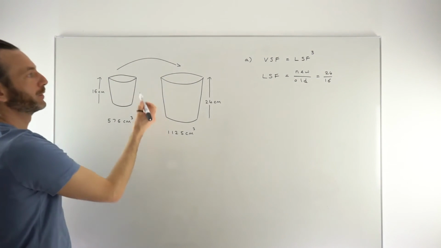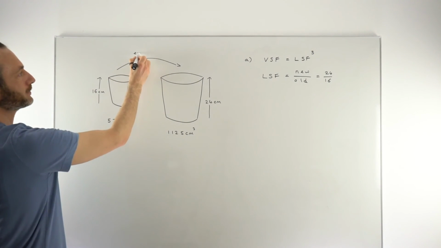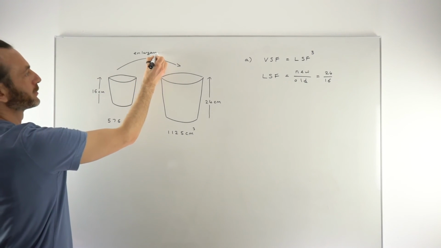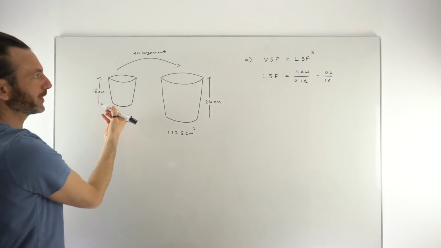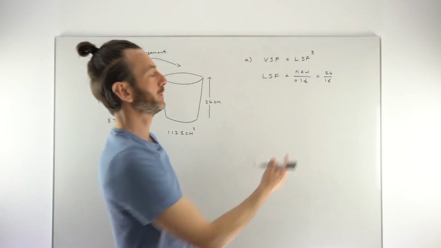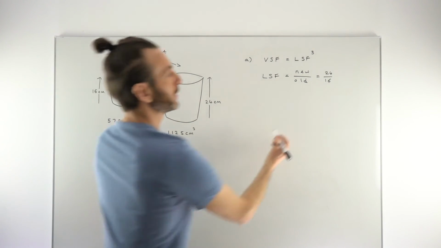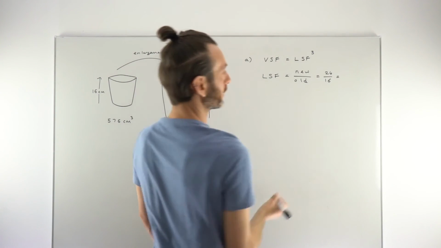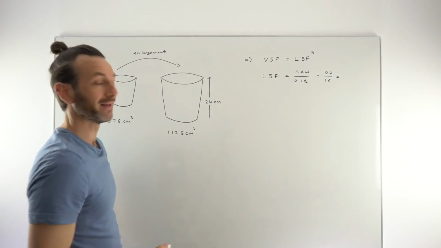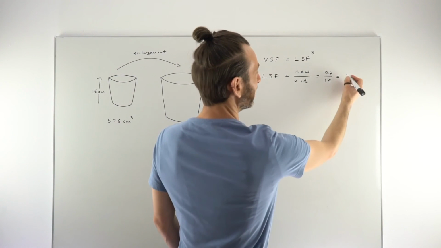So in this case, that would be what we would call an enlargement. But you can make your scale factor going the other way, which would be a reduction. If it's an enlargement, the scale factor should be some number bigger than 1. If it's a reduction, it should be smaller than 1. So this number here is 24 over 16. We could simplify that down just by dividing top and bottom by 8.